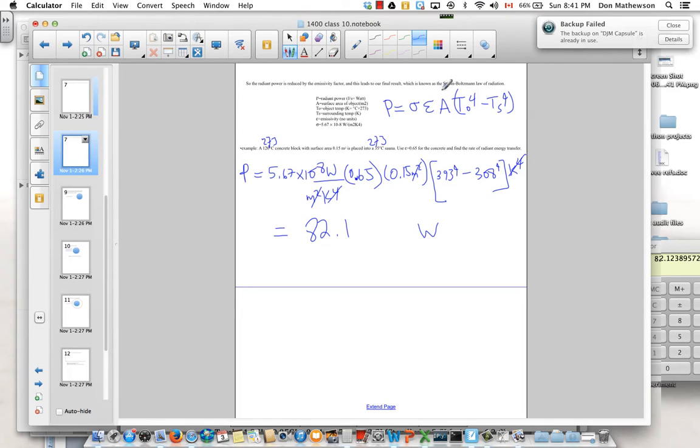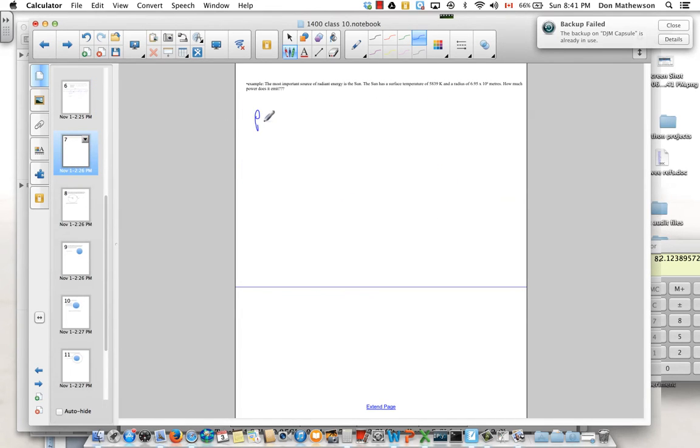Well, we know that we can calculate the net rate of radiant energy transfer: sigma, epsilon, surface area, object temperature to the fourth minus surroundings to the fourth. So we've got the surface temperature of the sun here, and again, you see that 6,000 Kelvin. Earlier we calculated a different star, I think it was like 8,000 Kelvin. So they're in the same order of magnitude.